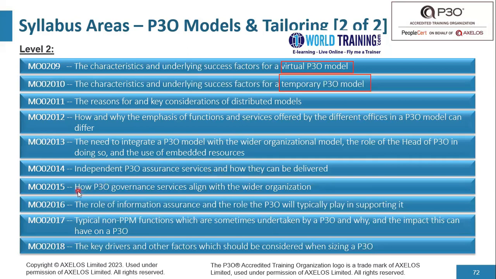We would also examine how P3O governance services align with a wider organization, the role of information assurance and the role P3O will typically play in supporting it. And we would also look into some non-PPM functions, which are sometimes undertaken by a P3O and why, and the impact that this has on a P3O.